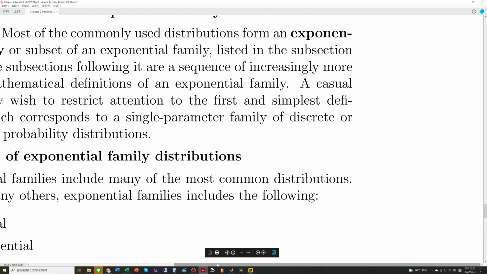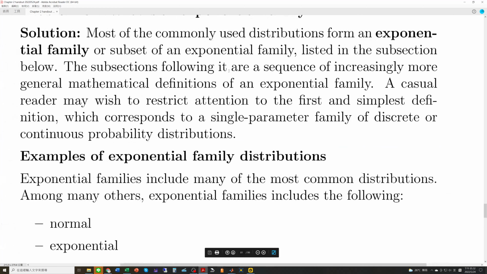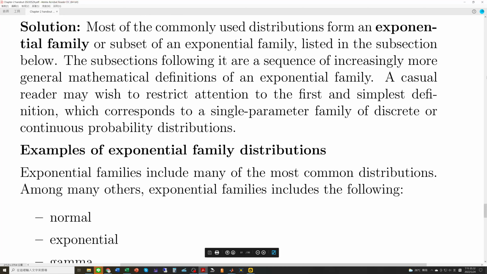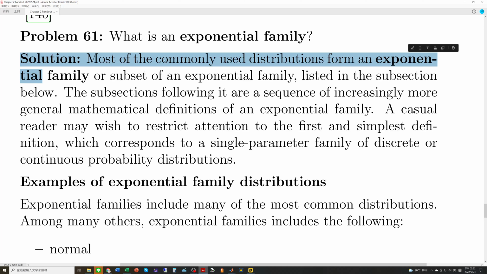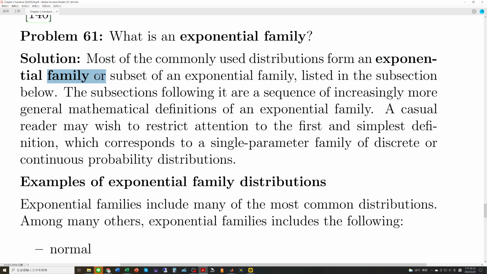So let us go to here. Problem 61. What is an exponential family? Solution. Most of the commonly used distributions form an exponential family or subset of an exponential family, listed in the subsection below.